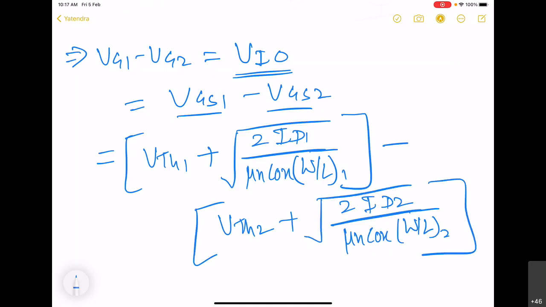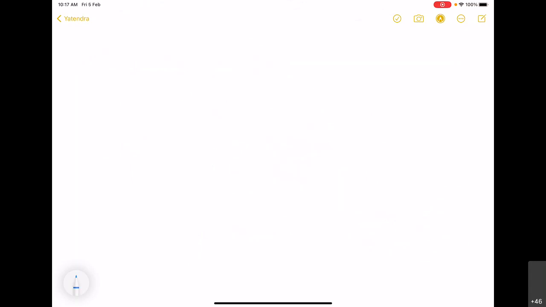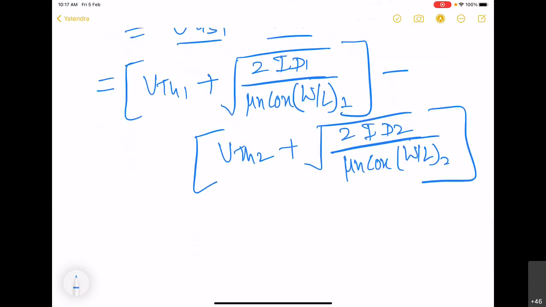So that is why we are designating them by subscript 1 and 2. And COX is assumed to be constant. So we can now write a difference of VTH, delta VTH, and we can put a constant for this.